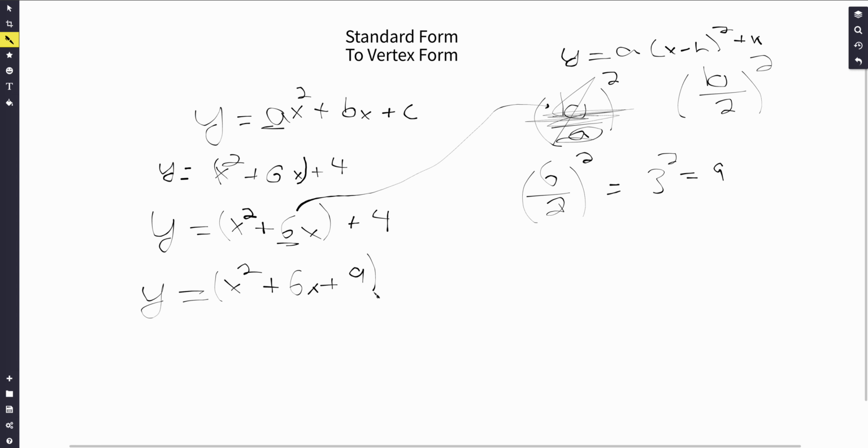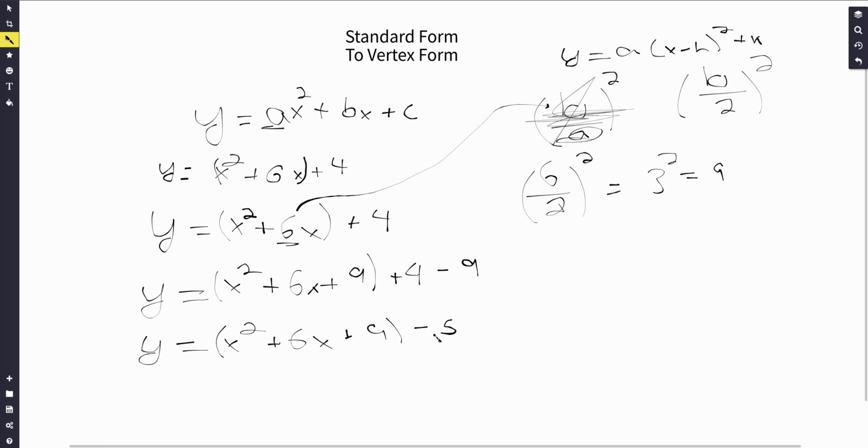But we can't just randomly add a plus 9. That's just out of nowhere, you know? So what we have to do is subtract 9 to balance out both sides of the equation. Okay, so this would then simplify to y is equal to x squared plus 6x plus 9 and then minus 5.